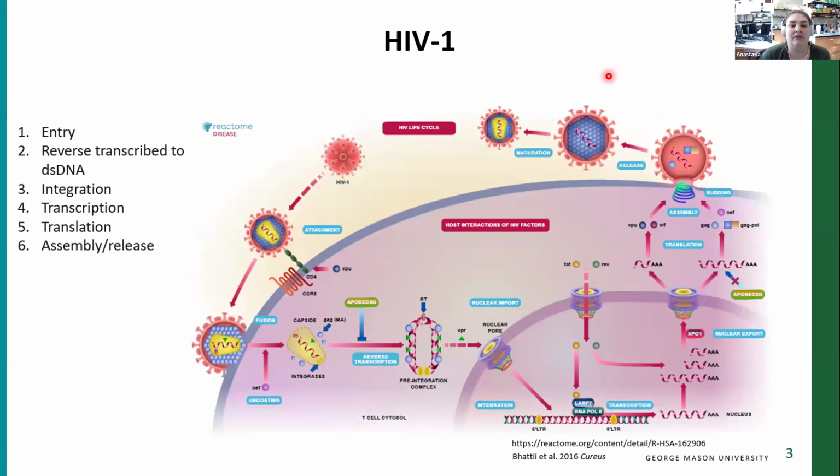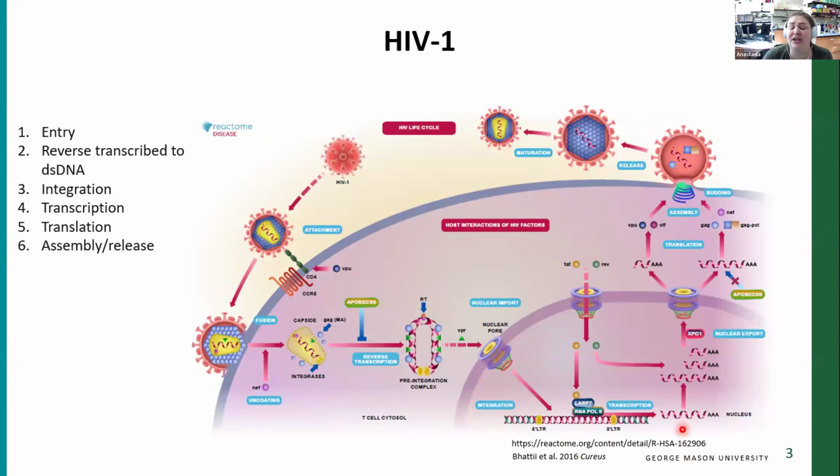So for our viral life cycle, we have HIV that comes and attaches with our CD4 receptor and either the co-receptor CCR5 or CXCR4, fuses with the membrane of the host cell, which releases the capsid, allows for the reverse transcription and pre-integration complex getting into the host nucleus, where it is then able to integrate within our genome.